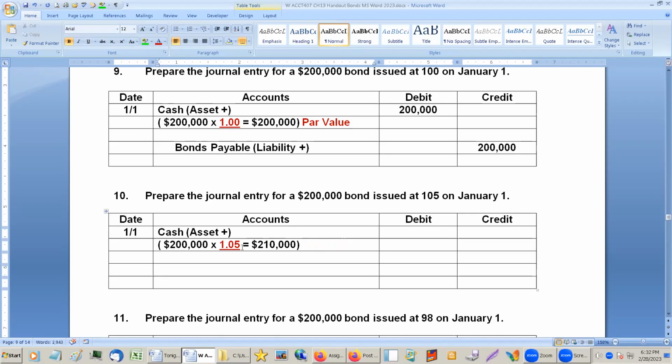And that's going to be a premium. Okay, so what is 200,000 times 105%? Yeah, 210, right? Now I'm doubting myself. Yeah, okay, so we got $210,000.